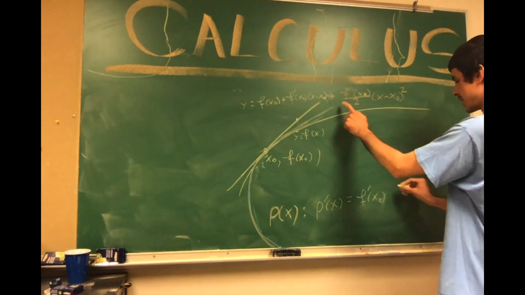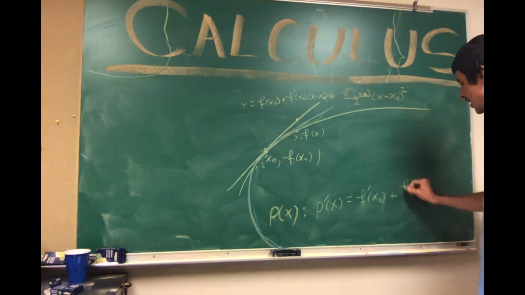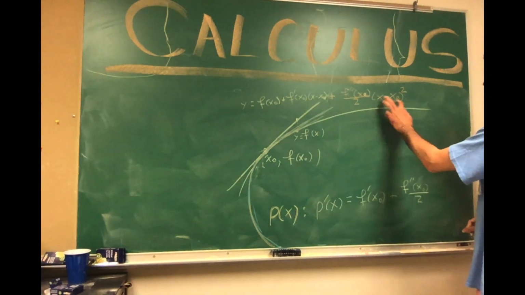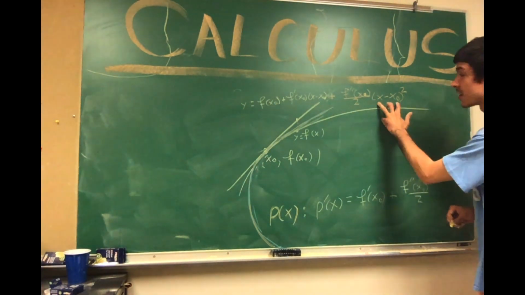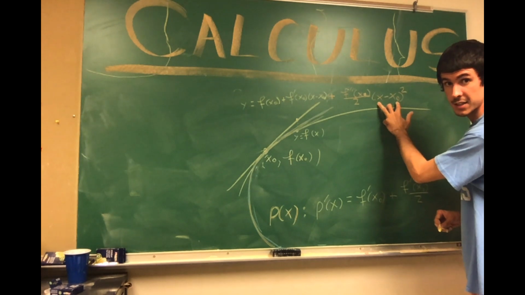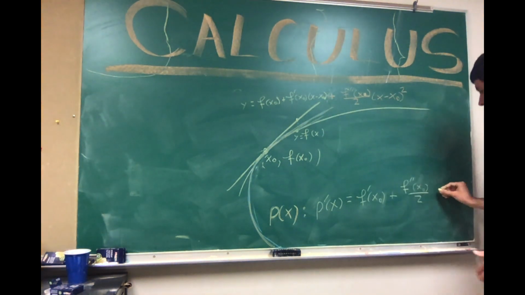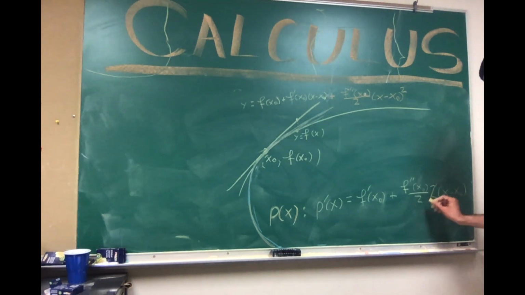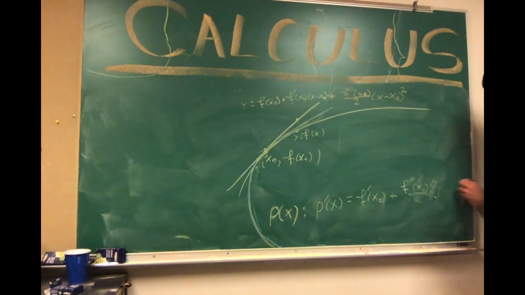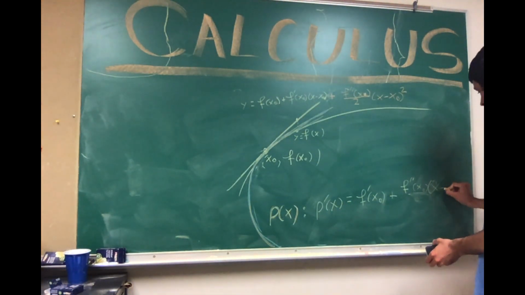And then this is f double prime of x0 over 2 times the derivative of this, which by the chain rule is 2 times x minus x0. And then these twos cancel, so it's just f double prime of x0 times x minus x0.